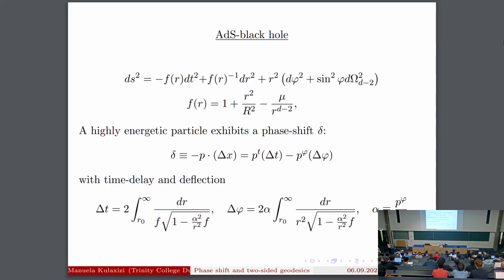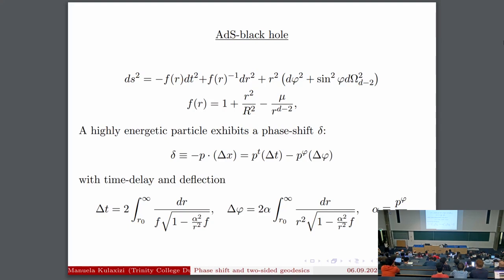And so we are going to look at the time delay and phase deflection that a null particle, because it's very highly energetic, experiences when it travels in the AdS-Schwarzschild background. These are the two quantities that we have to compute, and we can define, in a sense, the phase shift in terms of these two quantities.